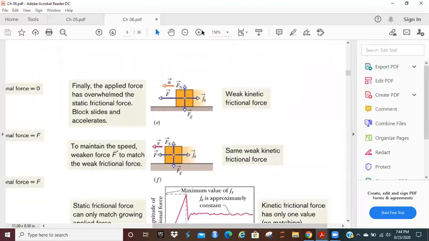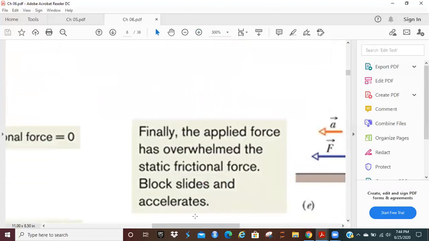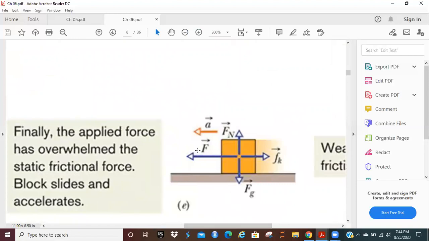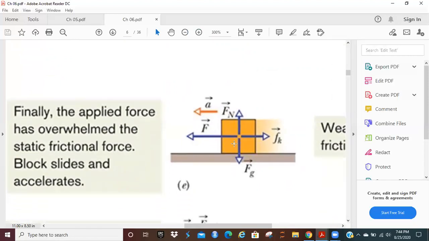And that's what's going on here. This force is overwhelming whatever that static frictional force happened to be, and now the object is moving, it's accelerating. Once it starts to accelerate, this frictional force changes from static to kinetic.